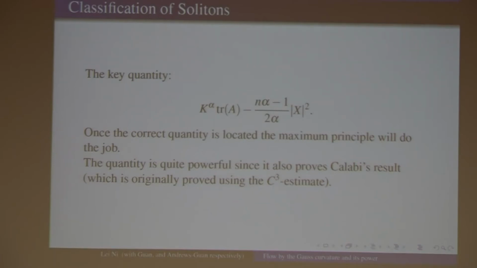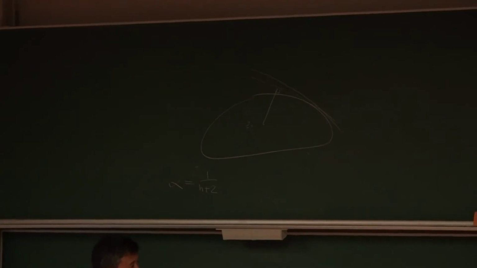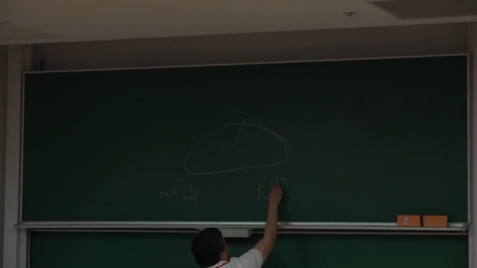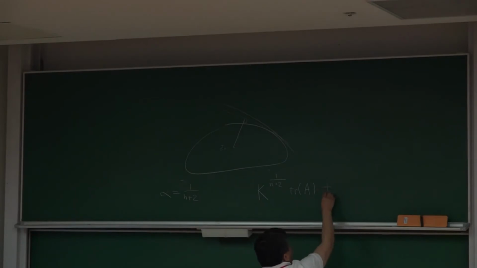But for the special case of alpha equals 1 over m plus 2, the quantity is really just K to the 1 over m plus 2, times the trace of the inverse of the second fundamental form, plus, because the coefficient turned out to be negative, plus the position vector squared.